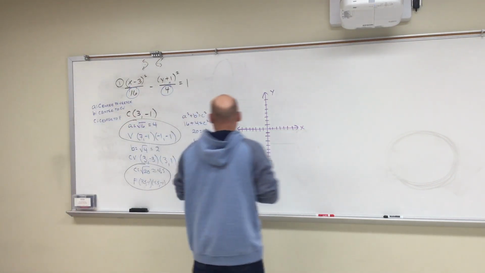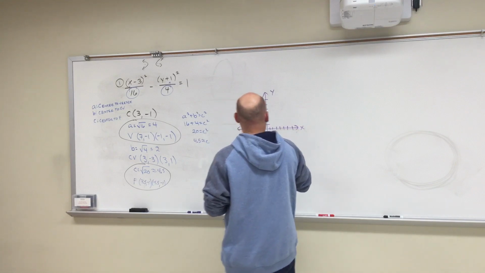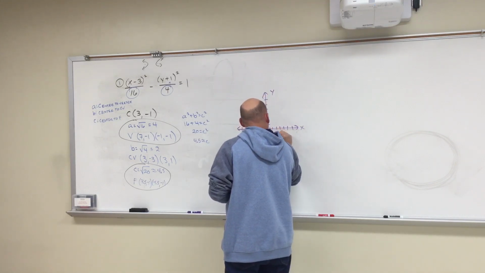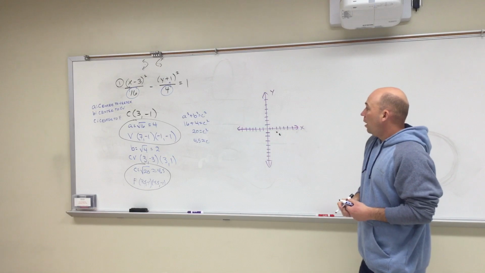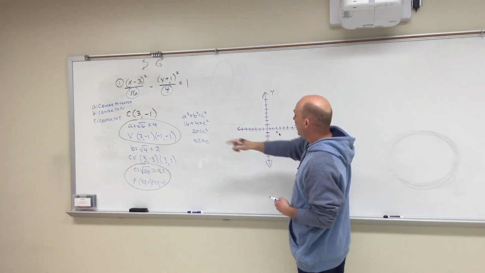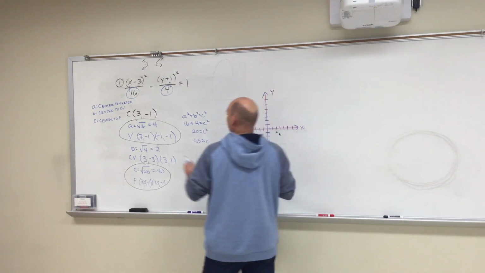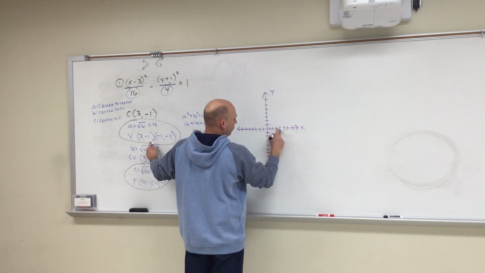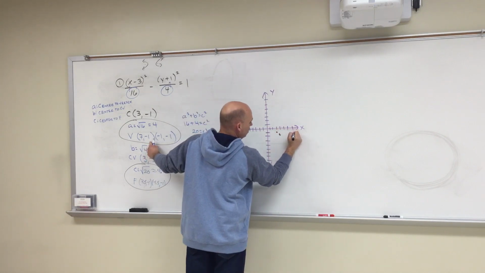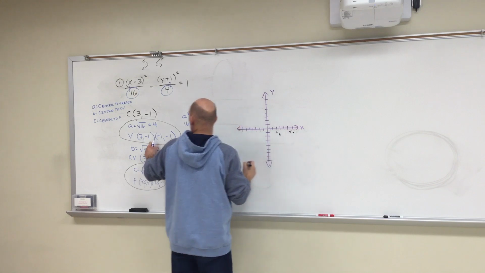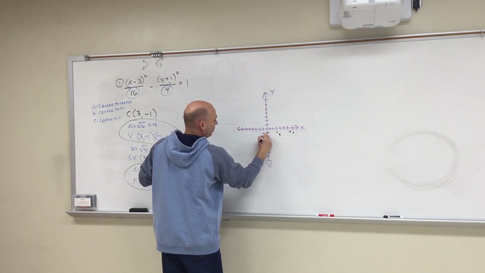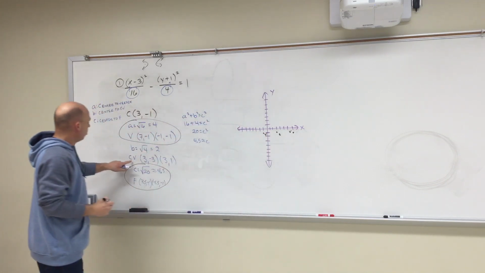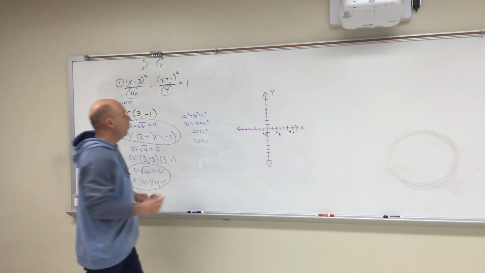So if I graph this, first thing I'm going to do is graph 3, negative 1, which is where my center is at. Then I'm going to graph 7, negative 1, and negative 1, negative 1. Those are my vertices. Covertices are 3, negative 3, and 3, 1.